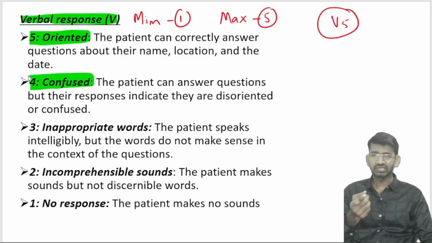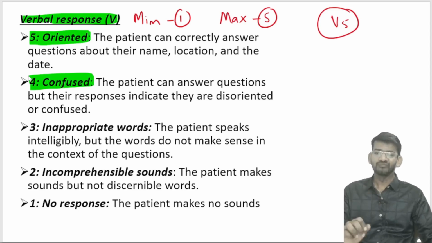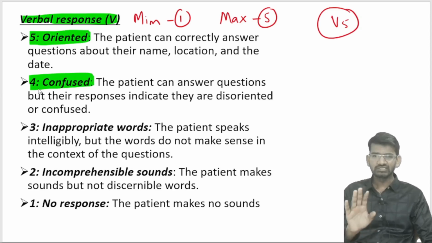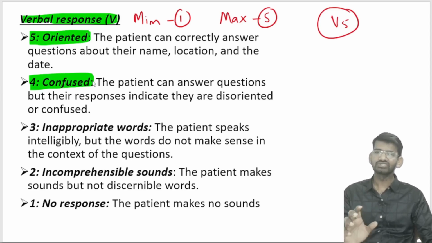If you ask what is your name, he may tell another name, which is not his actual name. That is what we call a confused state, or answering in a wrong way, or a disoriented status. But the patient is answering your questions, so we consider it a 4, that is confused answers, wrong answers, or indicating disorientation.